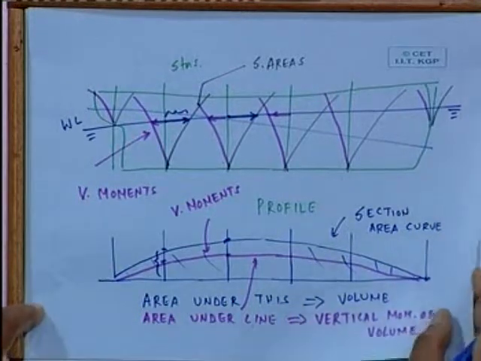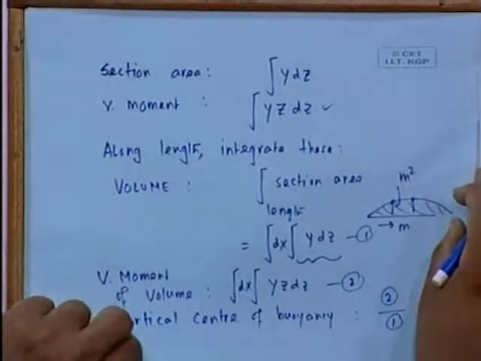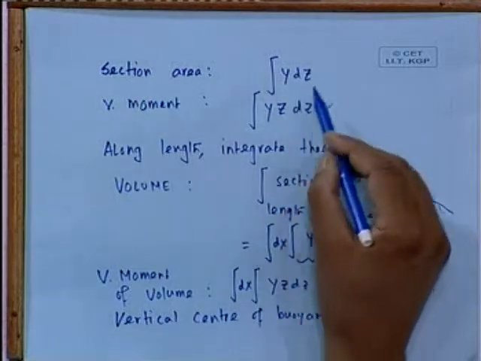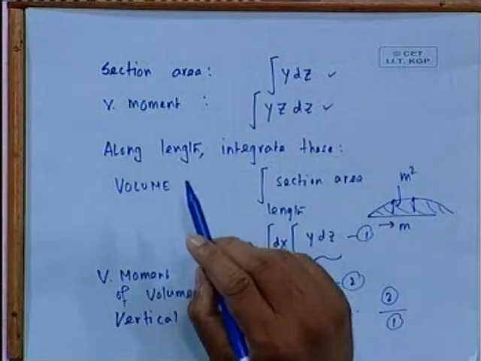So if you look back at Bonjean curves here, I will once more bring this one. You will see that you need to keep on doing integration of this type for various water lines up to 1 meter, 2 meter, 3 meter, 4 meter. So you will be using all those numerical integration rules that we have taught, Simpson's one-third, trapezoidal, whatever, different rules to do this.